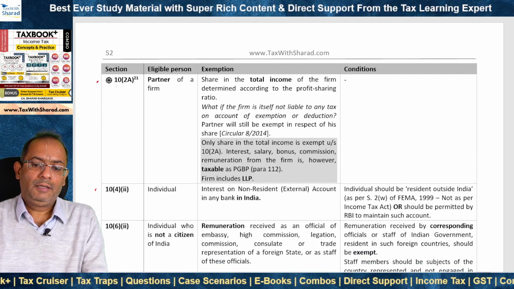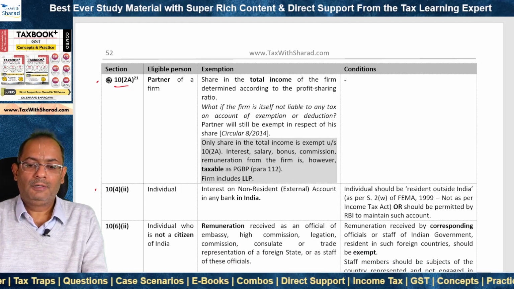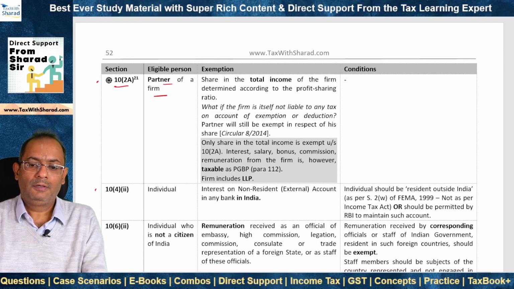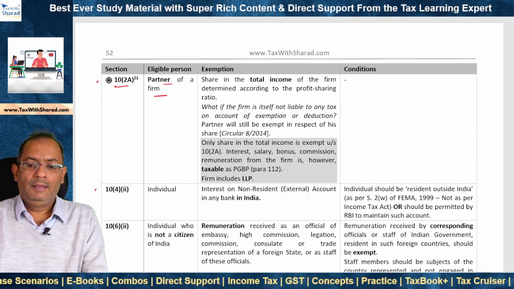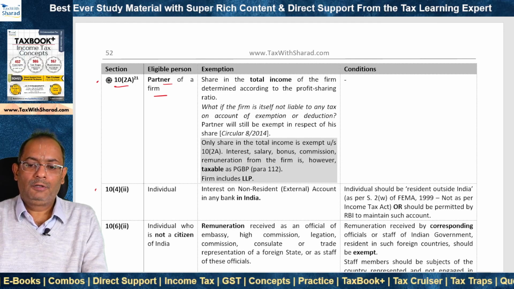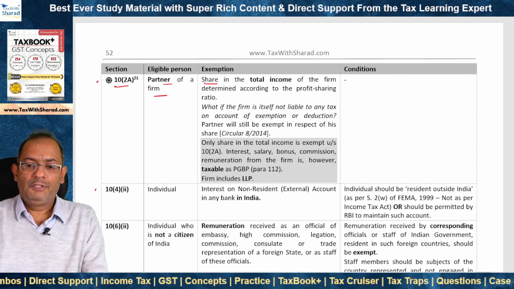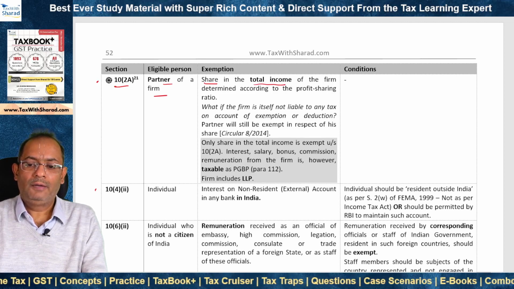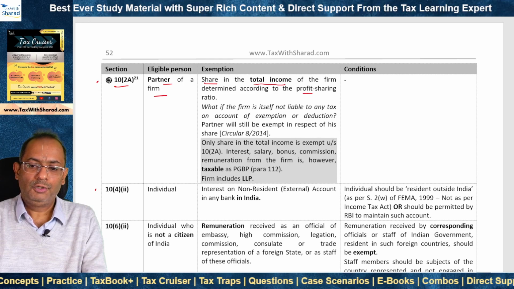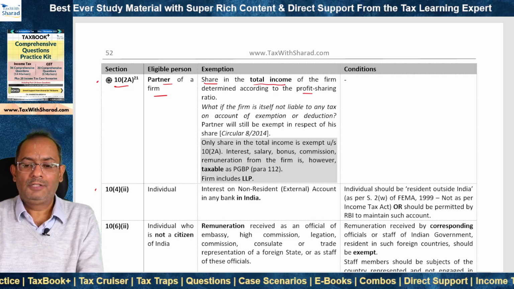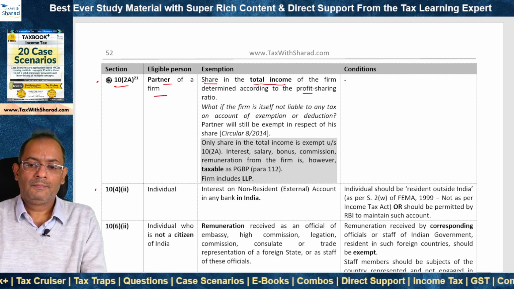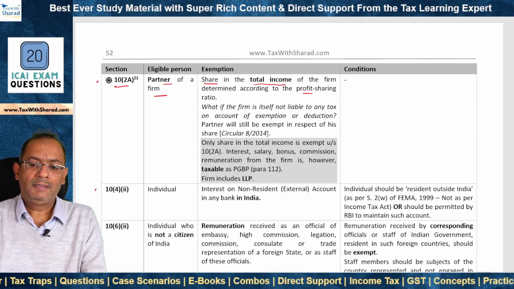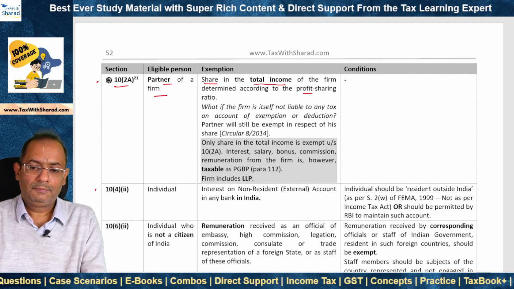Similar is the position under section 10(2A) as far as a firm is concerned. So a partner of a firm is not taxable in respect of the share which he receives in the total income of the firm, which is determined according to the profit sharing ratio. So if the partner receives the share in the total income of the firm, such share is exempt in his hands under section 10(2A).